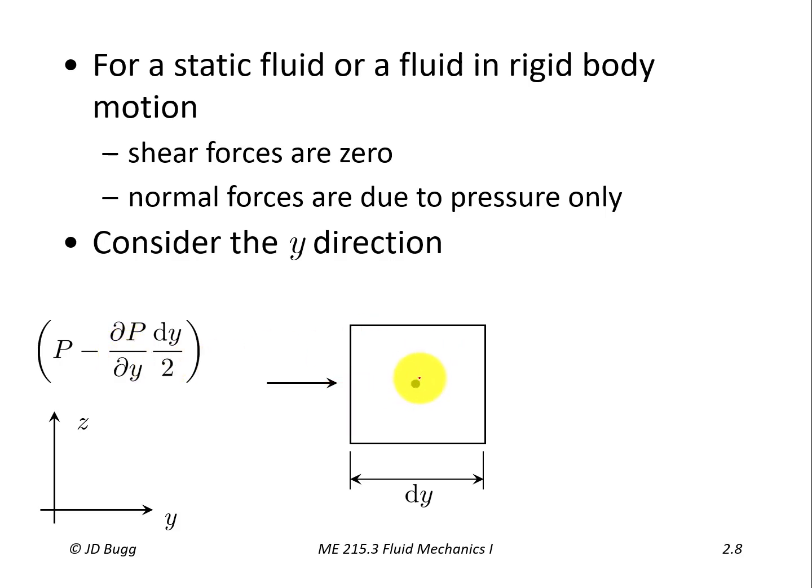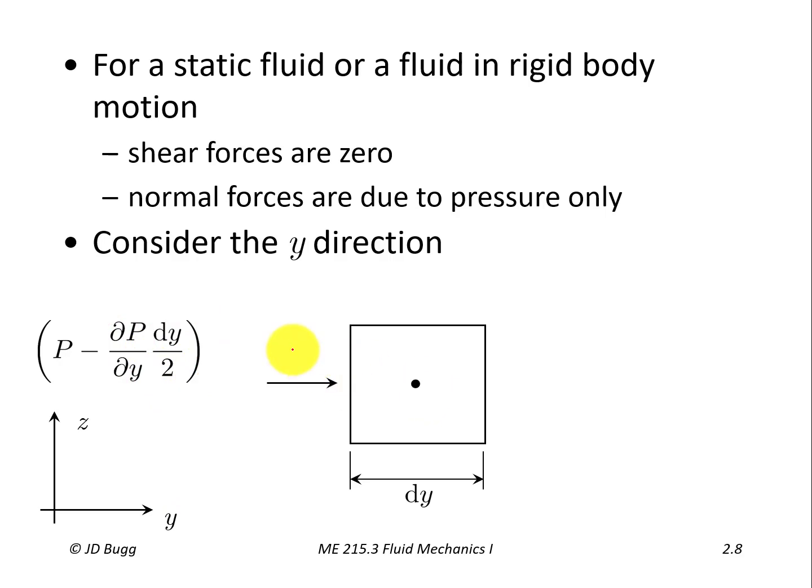Well, realize to get from here to here, we're moving in the negative y direction. So the pressure on this face is going to change as we move from there to there. How much is it going to change? Well, the rate of change of P in the y direction multiplied by the distance we travel. Well, realize the distance we travel is dy over 2 because we're going from the center to the left face.